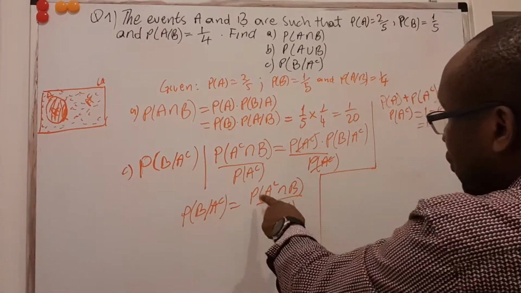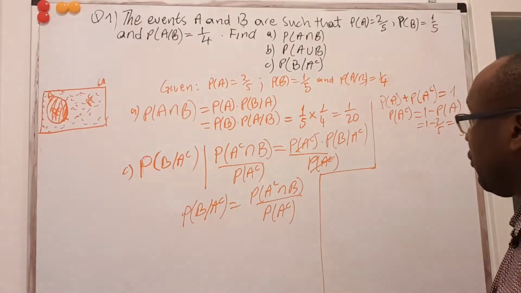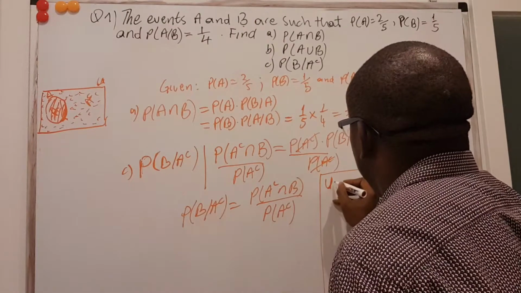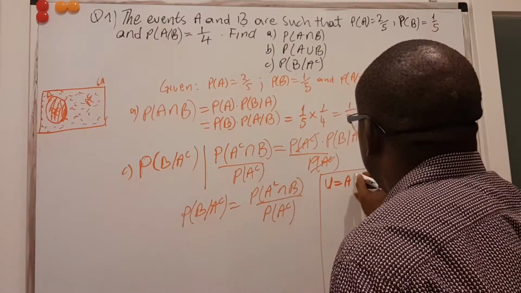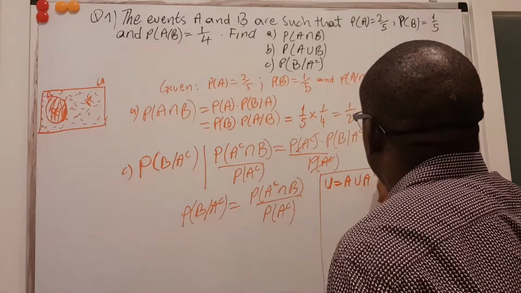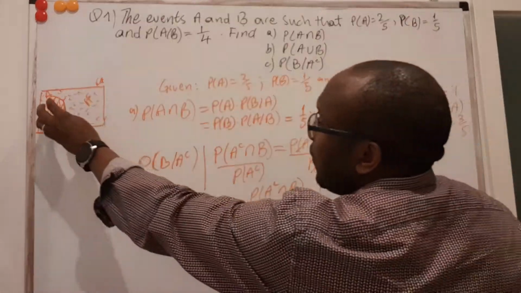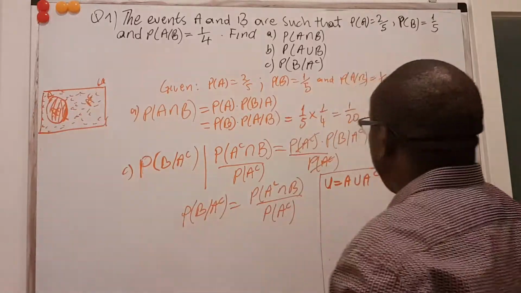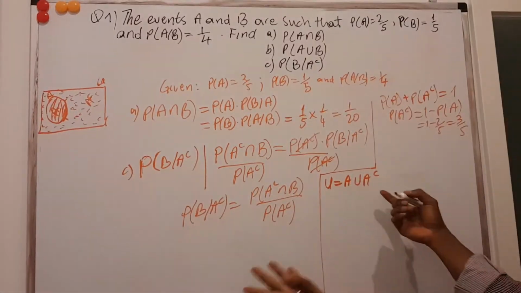To get the numerator, I'm going to show you a small trick here. We already agree that the union can be written as A union A complement. See, if I take all of this together, so this or this together, then you get U. So I can write this as this, because that's all that is.